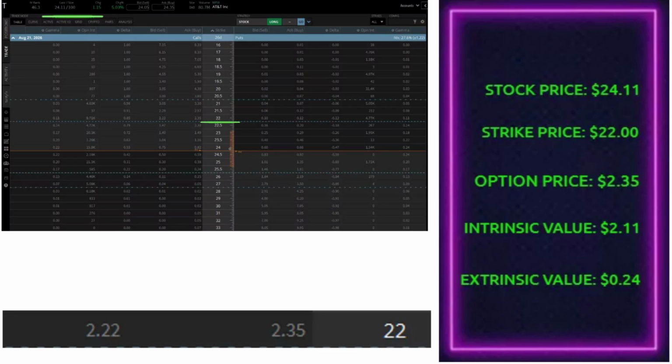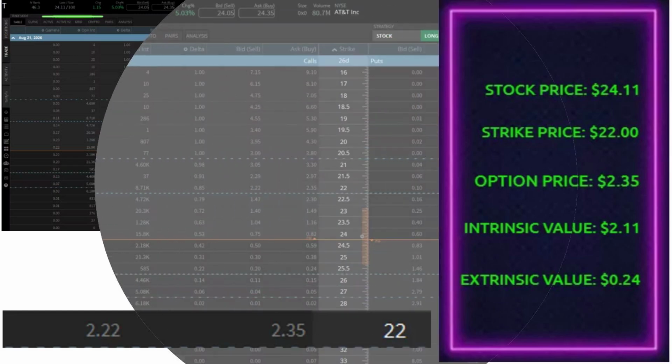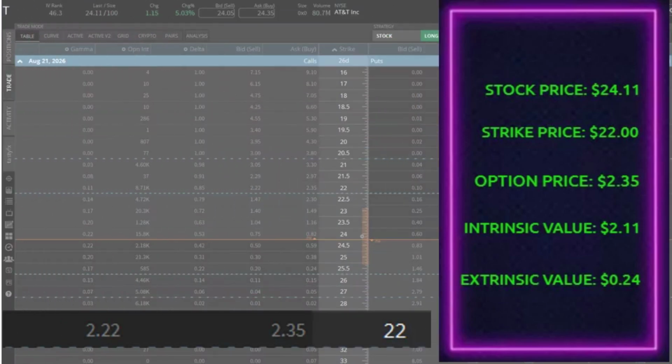We know that if AT&T stock doesn't move and just trades sideways for the next 26 days, then this option is gradually going to go from $2.35 down to $2.11, and we learned in the last chapter that option prices have a multiplier of 100. So in this case, we paid $235 and sold it for $211. So our net loss would be $24, and the stock didn't even move for us to have made money on this call option.